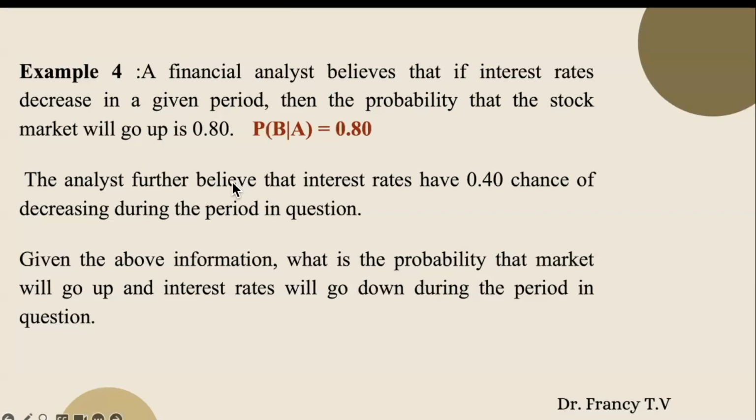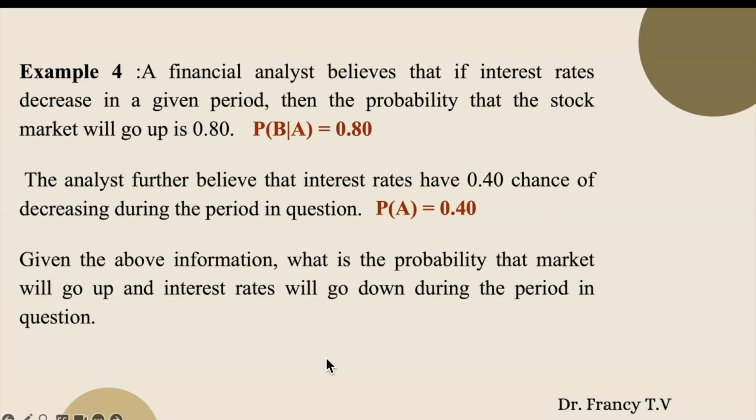Now let us see what the second para says. He further believed that interest rate has a 0.40 chance of decreasing. That means probability for A is given to be 0.4. Let us see what is asked.